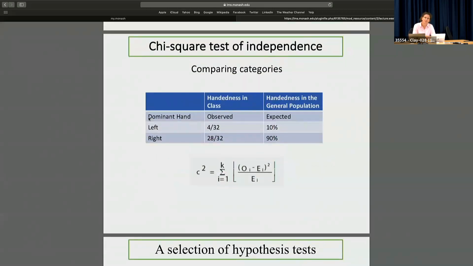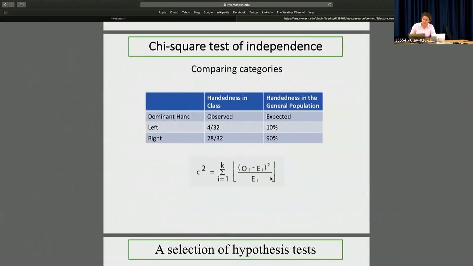And then we spoke about comparing categorical data. So for example, handedness in class versus handedness in the general population. If we have 32 students in the class and 4 of them are left-handed and 28 are right-handed, and we have an expected value, which is what the handedness in the general population is, which is about 10% of the people are left-handed.